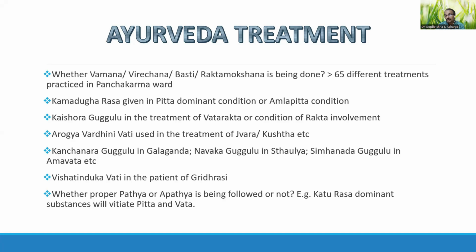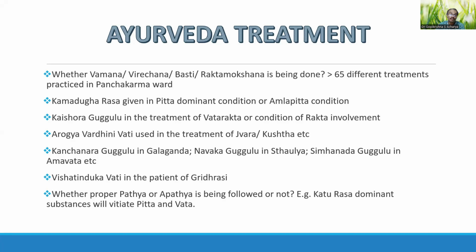Kamadugarasa is specifically given to a person suffering from Amlapitta or a Pitta dominant disease. Kaishora Guggulu is used in the treatment of Vatarakta or conditions where Rakta affliction is seen. Arogyavardhini Rasa is specifically given in the treatment of Jwara or Kushtha.